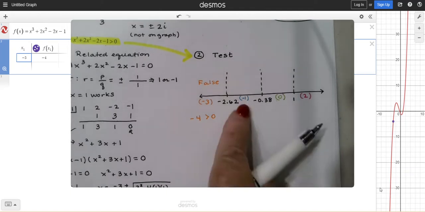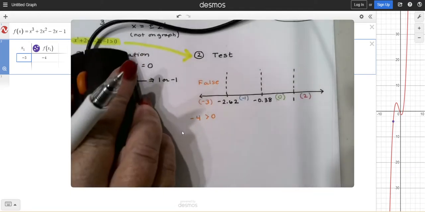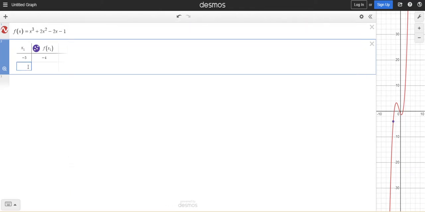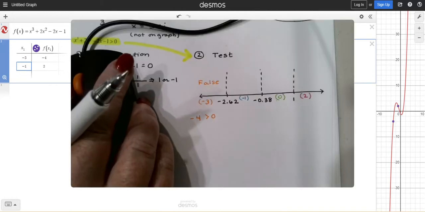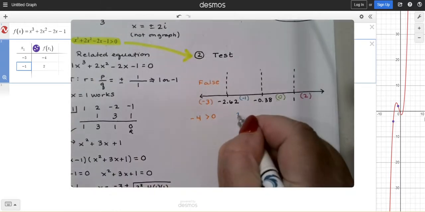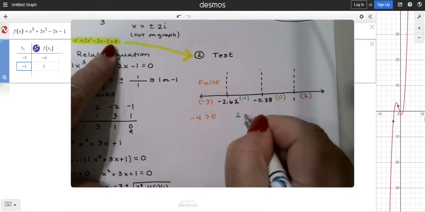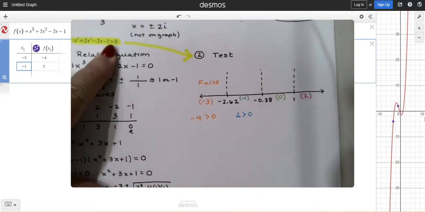All right, my next test point is -1. That gives me an output of 2. And again, I want that to be greater than 0, and that's certainly true.